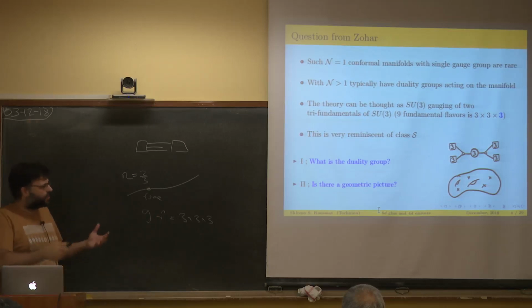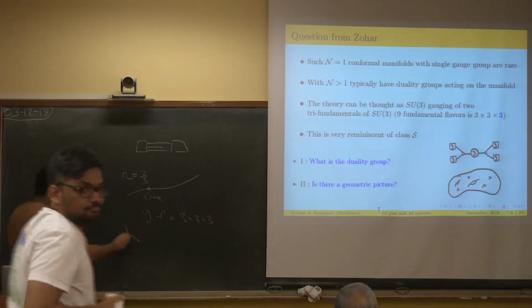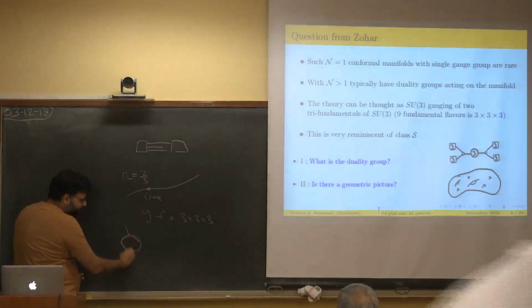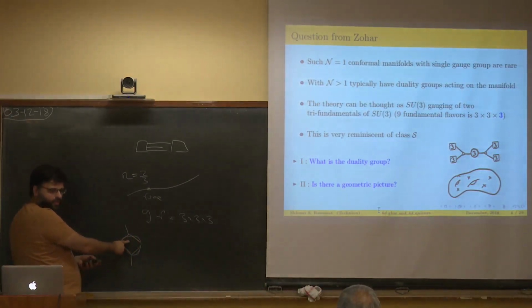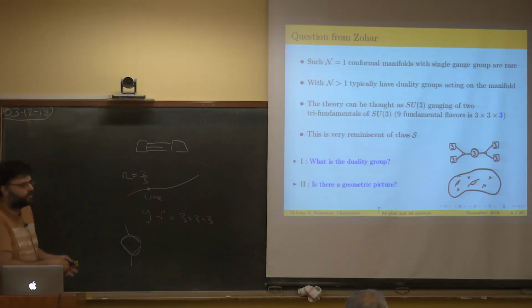And the genus of this Riemann surface and the number of punctures are obtained topologically from this gluing. So for example, if you have one trifundamental and you glue to it a second trifundamental, you would obtain a theory which you obtain from compactifying from 6 dimensions on a genus 1 surface with 2 punctures, and so on. So there is a geometric picture which comes with these theories.